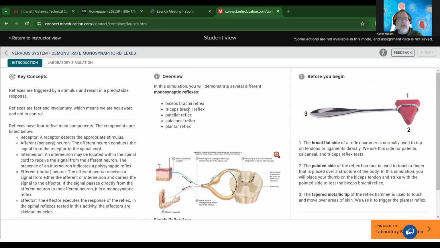Biceps brachii, triceps brachii reflex. Again, the biceps, you'll recall, is the anterior aspect of the upper arm, and the triceps is the posterior aspect of the upper arm. When we look at musculature and we're testing reflexes, we're dealing with the nervous system. So we're going after the tendon that connects the muscle to the bone.